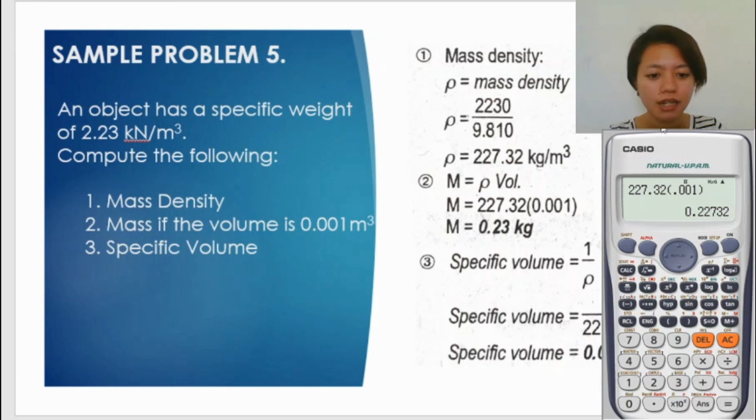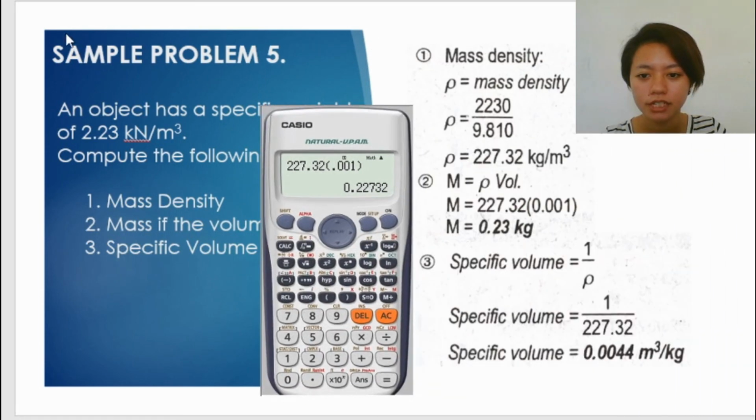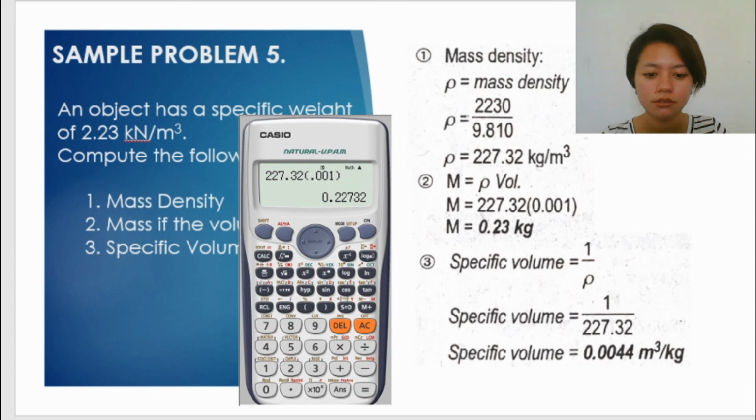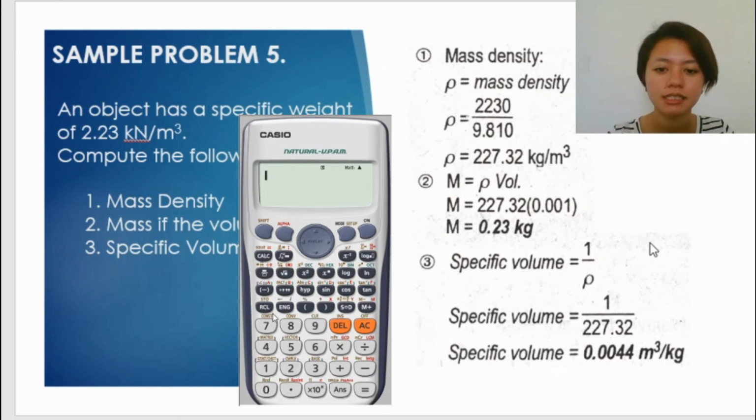Then lastly, we have specific volume. Let me show you my calculator over here. Our specific volume is the reciprocal of your mass density.